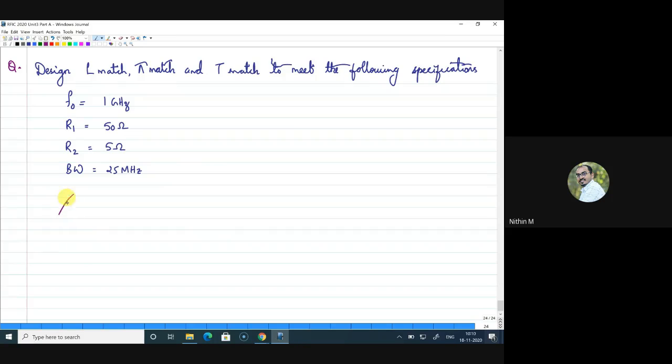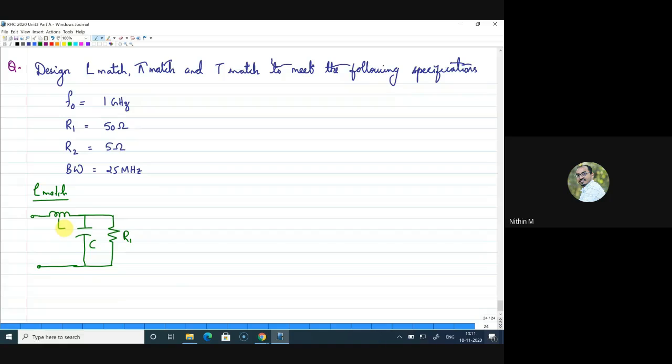So here the first case we'll solve is the L match. You can have the circuit diagram. So this is your resistance R1, this is C, and in the L match you have only one LC network.